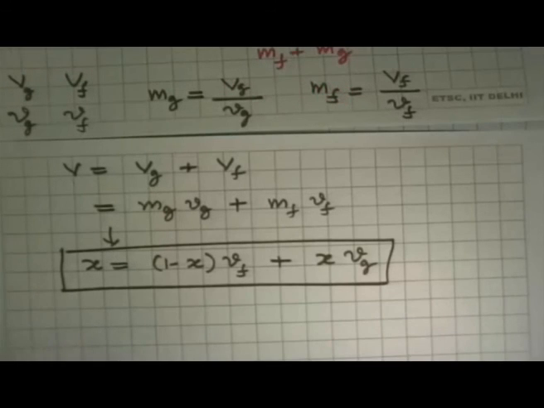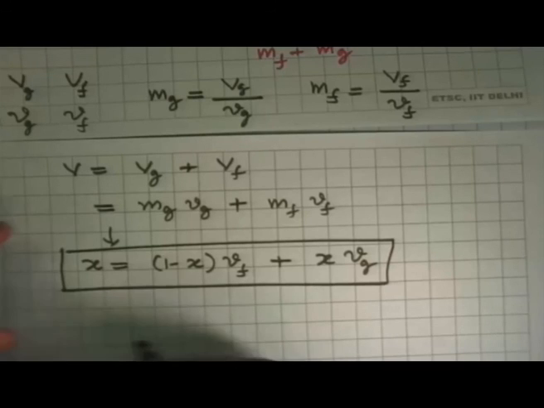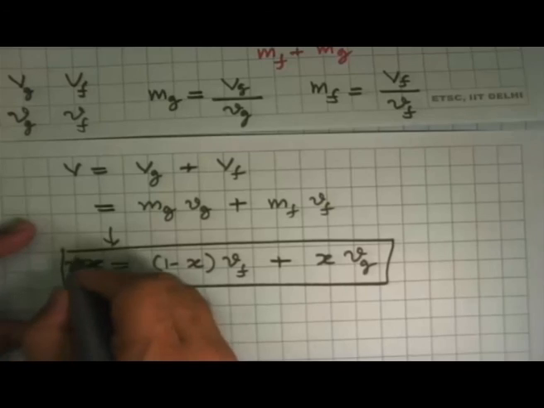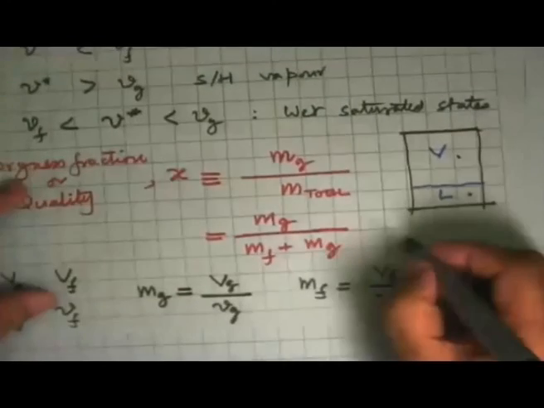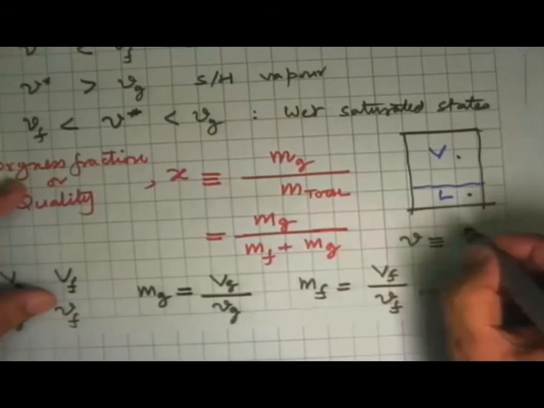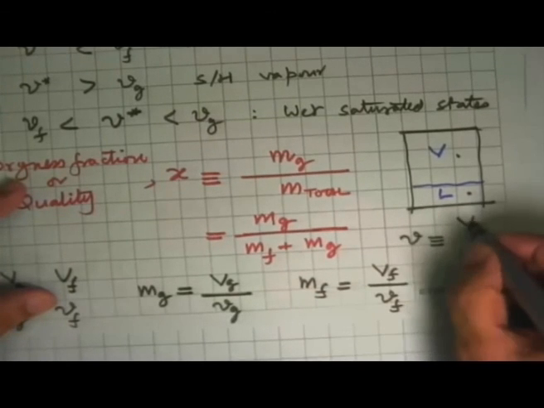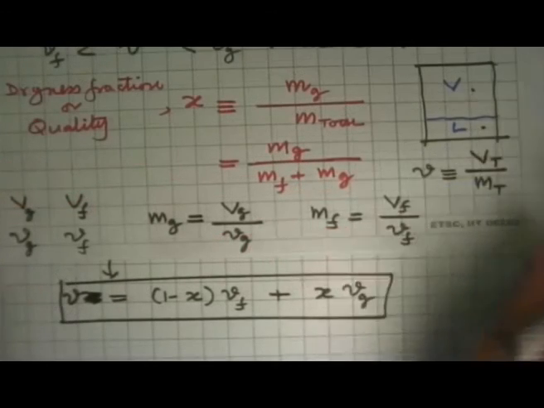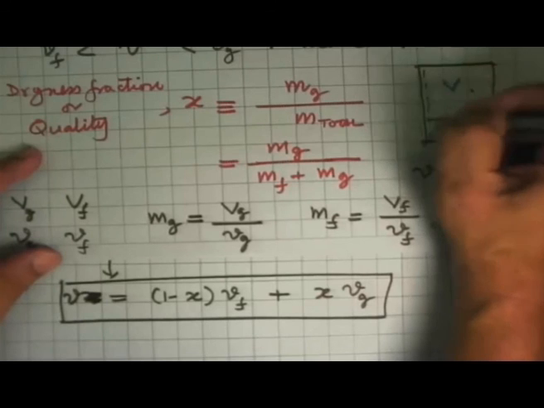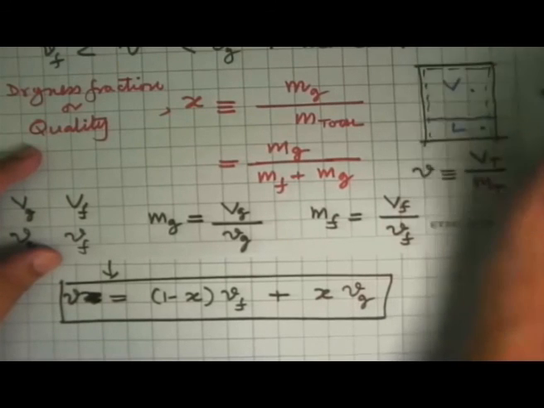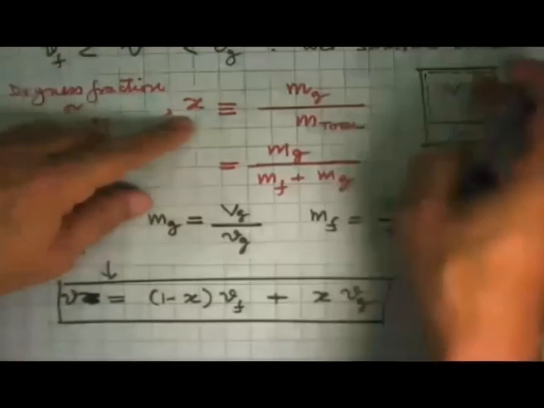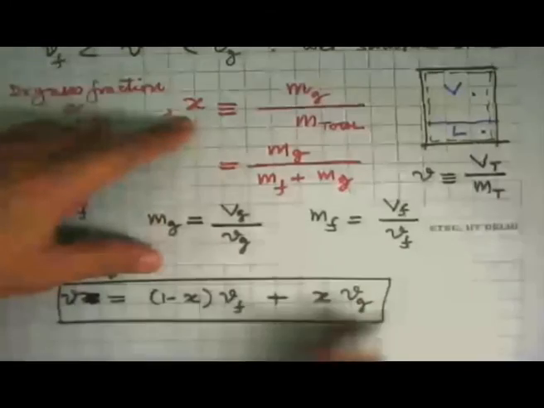Here, v is V total upon m total. What it means is that if this is the whole system, then the dryness fraction of this is x, and the specific volume of this is given by this expression.